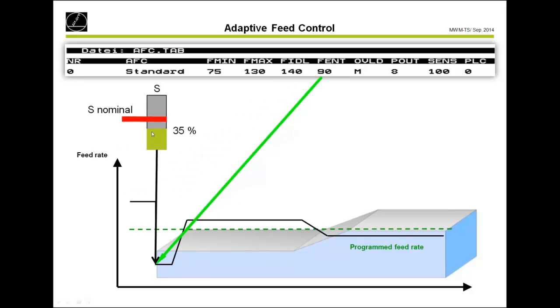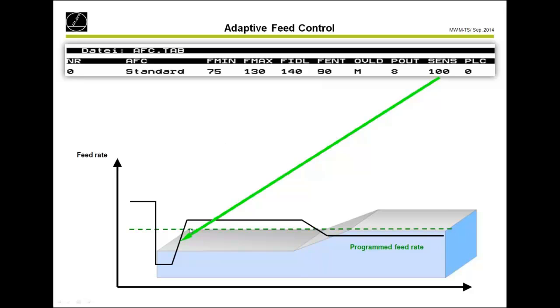So you see we detect an entry into the material. The first step, we reduce the feed rate to the value of Fn, so 90% of the program feed rate.